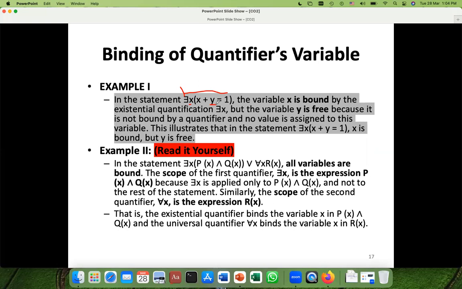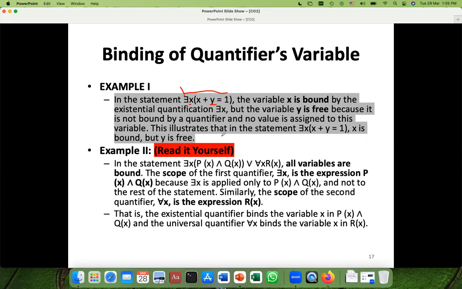Y is free. And we also don't have any value set for these variables, especially y. This is the second sentence that we saw in the definition. But initially you have to see whether there is some quantifier with that variable or not. There is no quantifier with this variable, so you can say that y is free.